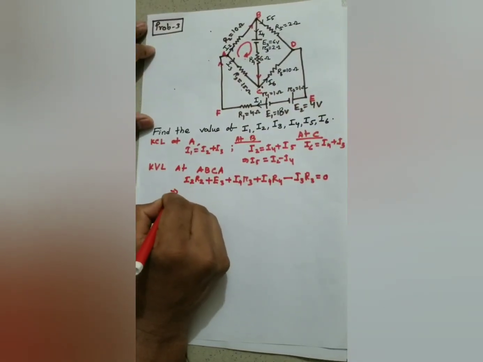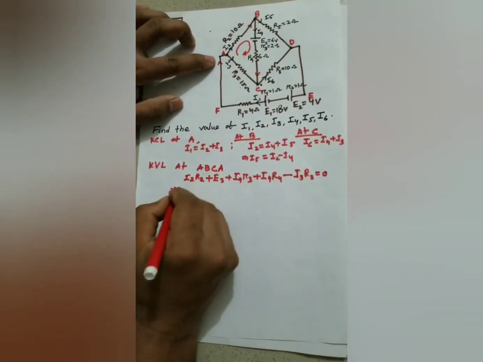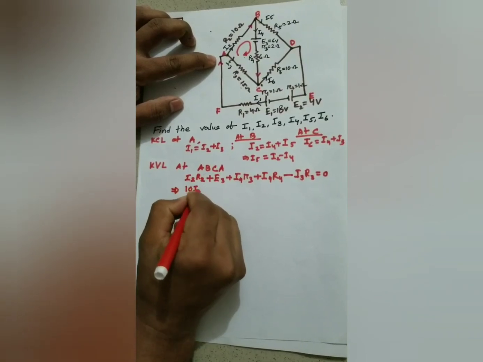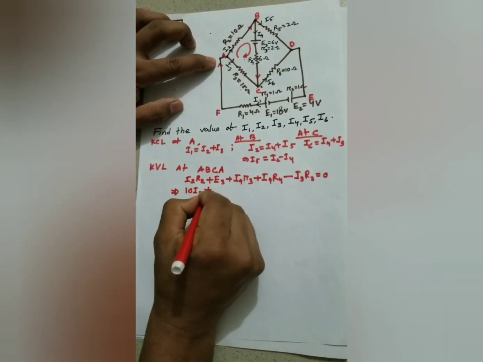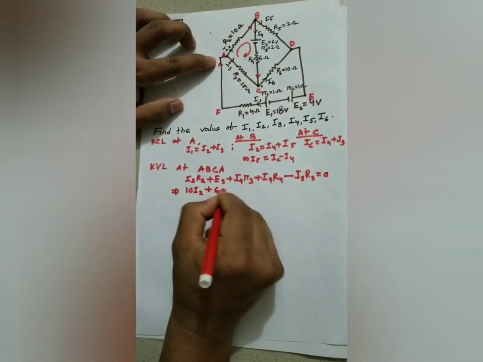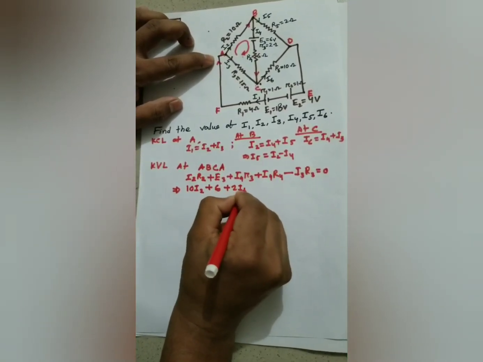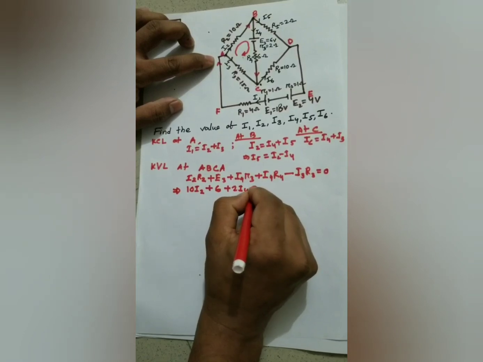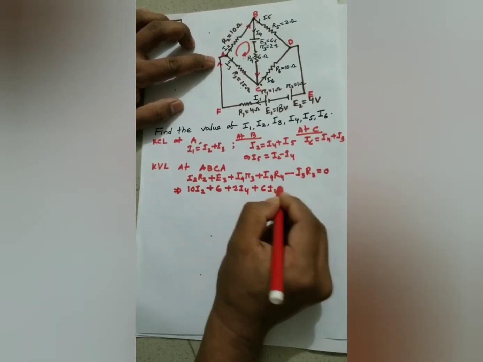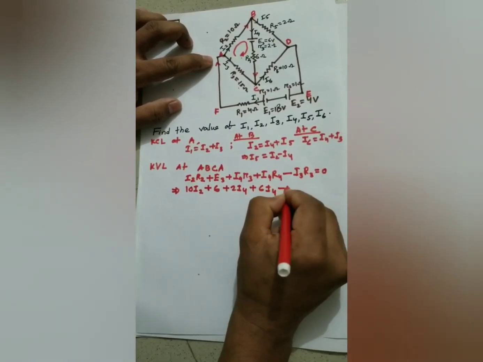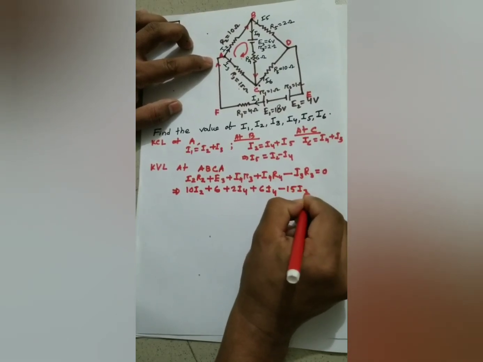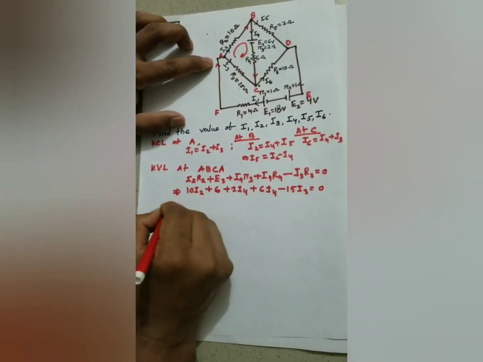So putting the value of resistance, you can write 10 I2 plus 6 plus 2 I4 plus 6 I4 minus 15 I3 equals 0.